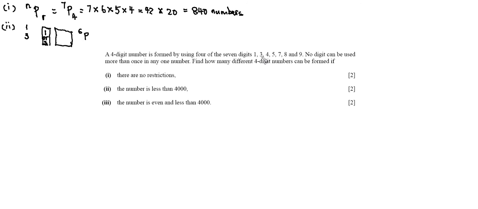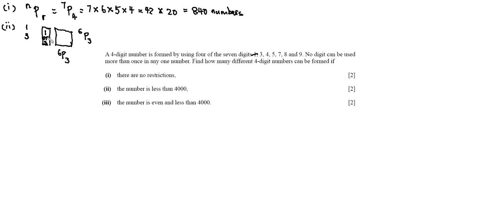Out of these 6 numbers, you select 3 to arrange in the second, third, and fourth positions of the 4-digit number. So this is 6P3.